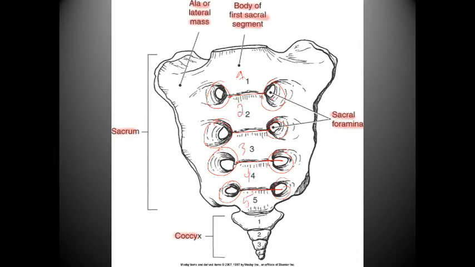And so, kind of hard to distinguish where these levels actually are when everything is fused together. And so you do have the ala, or the lateral mass of the sacrum, being here, which forms the SI joint. And then you do also have the coccyx here.